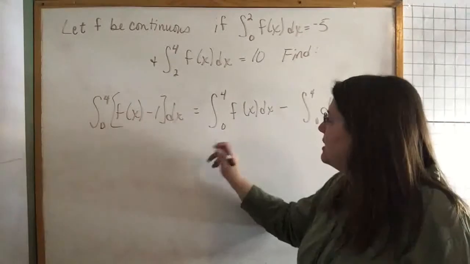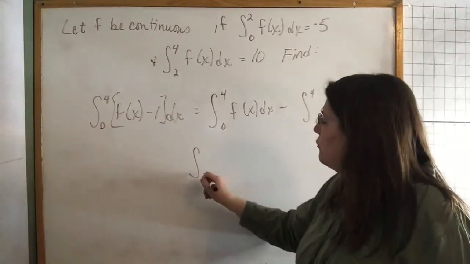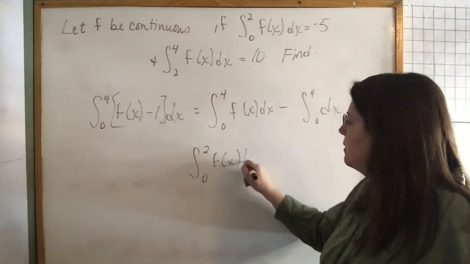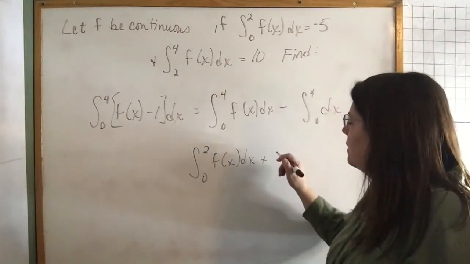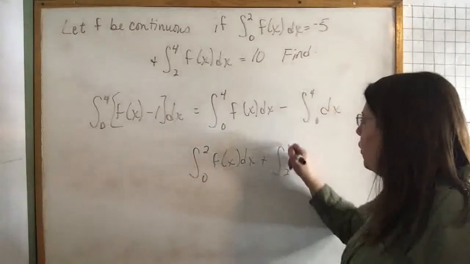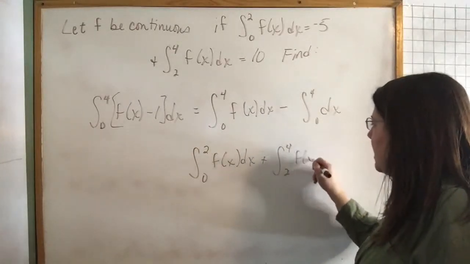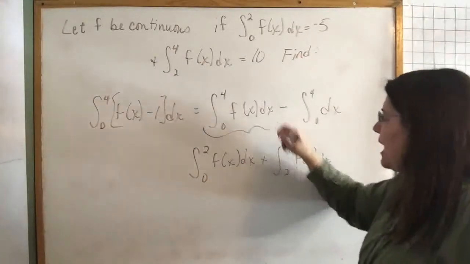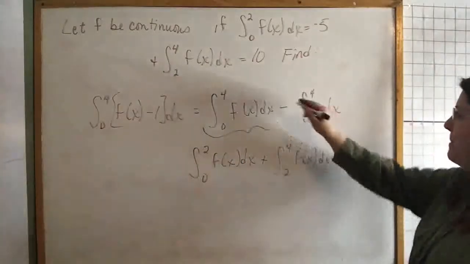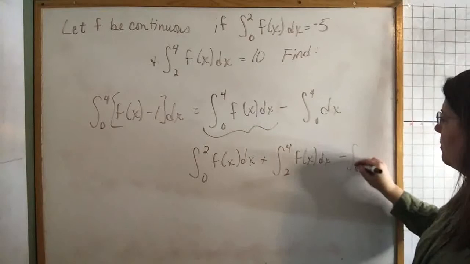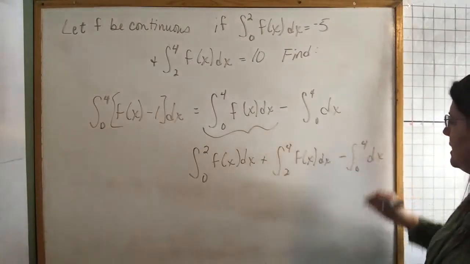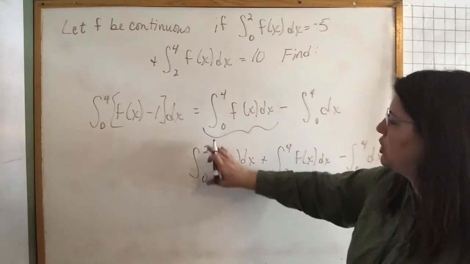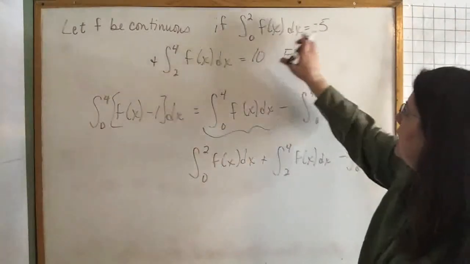So I can separate this out as going from 0 to 2 of f of x dx plus going from 2 to 4 of f of x dx. These two added together give me that portion. And then minus the integral from 0 to 4 of dx. So I know that the integral from 0 to 2 of f of x dx is -5.